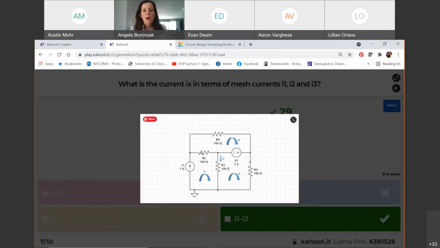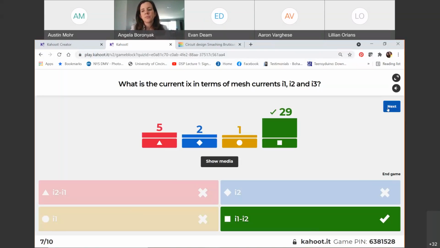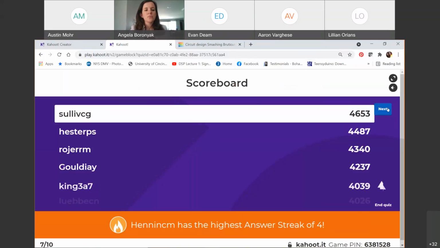I1 would be going down, so the same direction as IX, hence positive I1. I2 would be going up, so the wrong direction, so we get a negative: I1 minus I2. These are the two meshes that overlap here. So don't forget, when you solve for mesh currents, you need to be able to go back and plug in for what that actually meant for the individual currents through each resistor and their individual voltage drops. You know one, you know the other.